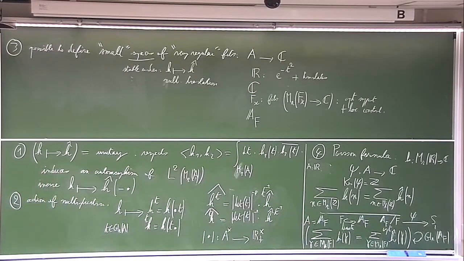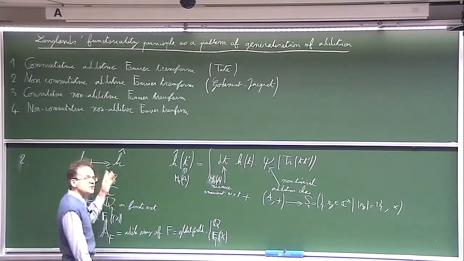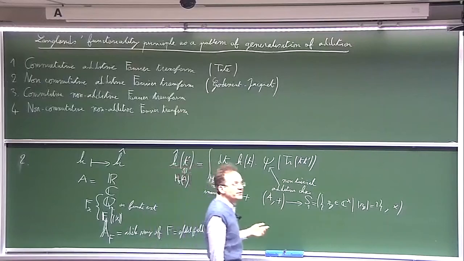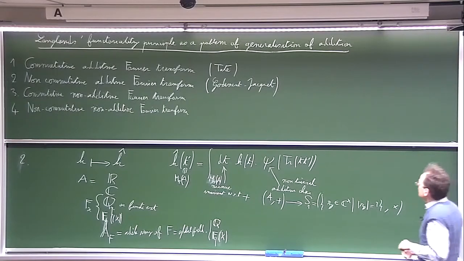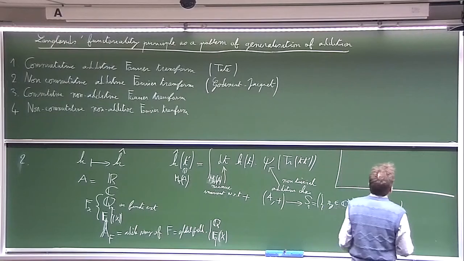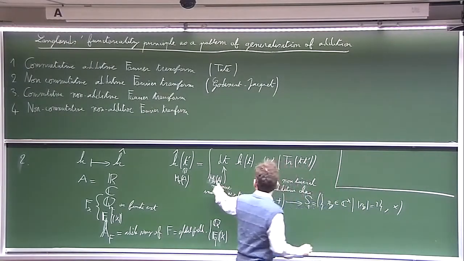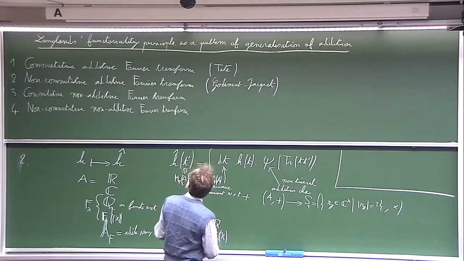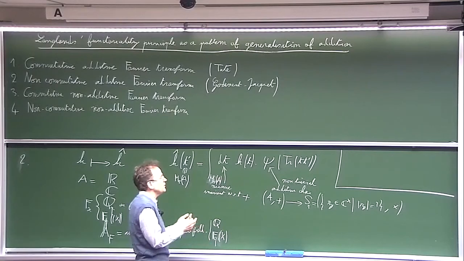Okay, so now I want to come to some commutative, non-additive setting, always for this formula. In order to do that, first I will come back to the commutative setting.